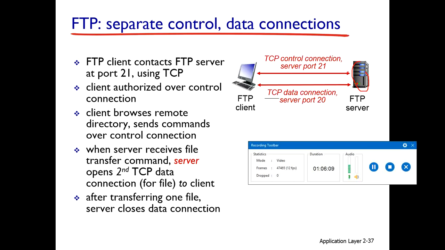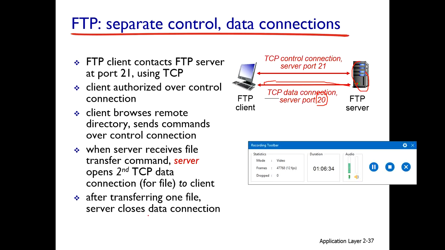When the server receives a file transfer command, the server opens another TCP connection for transferring the file to the client. So it opens a second TCP connection, at port number 20. Port number 20 is used for the data connection and 21 is used for the control connection.